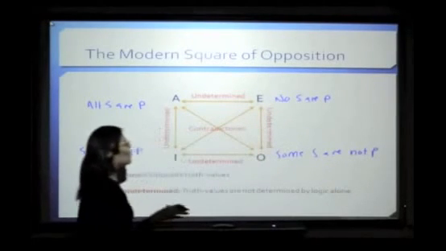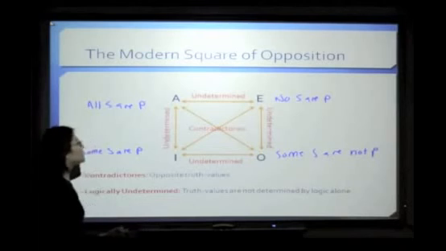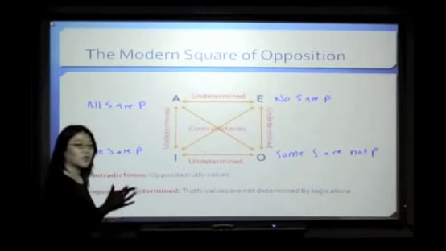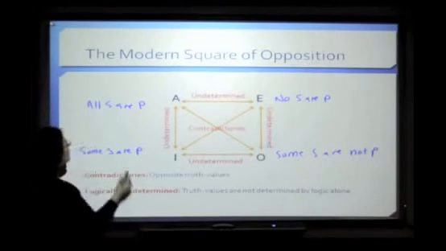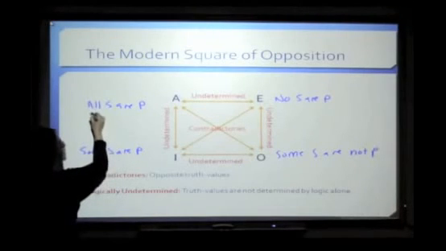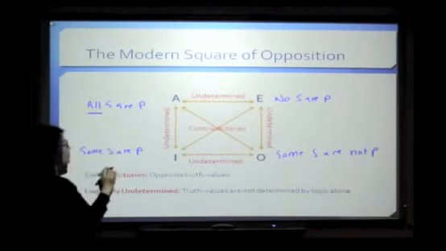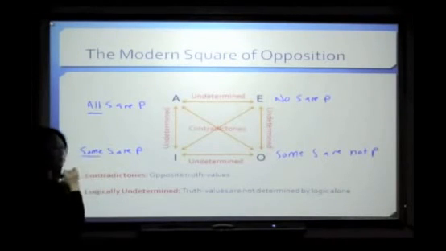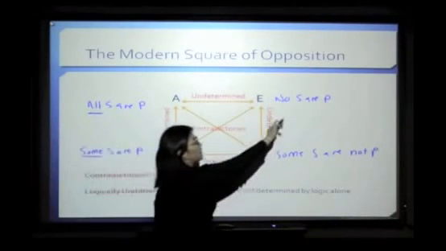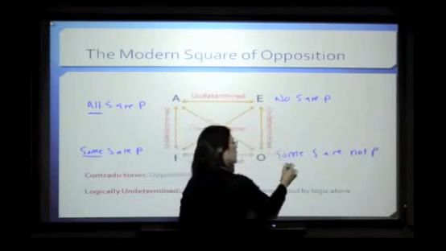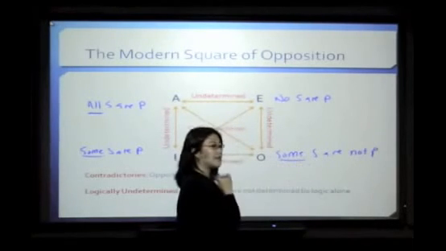Now these are opposing statements in the sense that they differ in quality, quantity, or both. So here you have the quantity all, and this opposes the quantity some. Here you have the quantity no, and it opposes the quantity some.